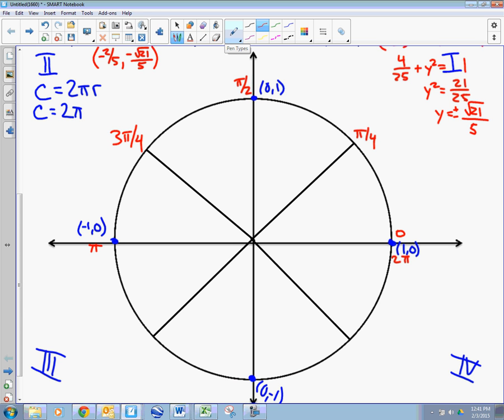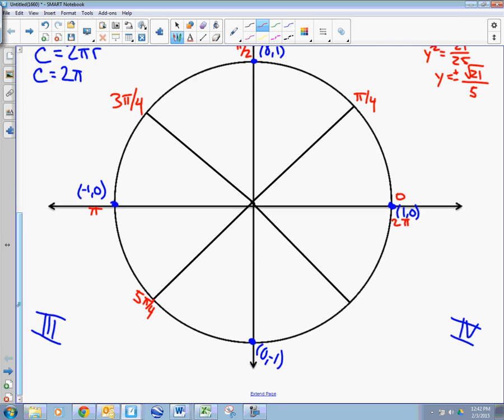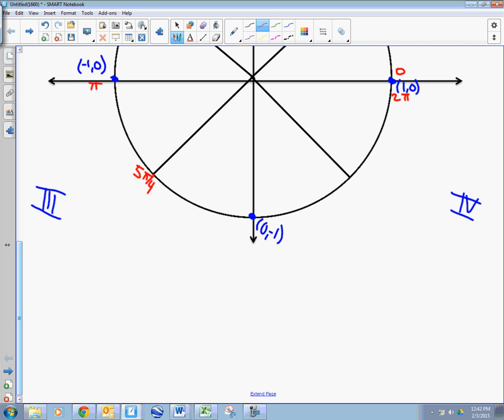After 3 pi over 4, I have, say the whole thing, 4 pi over 4, which is pi. Then I have 5 pi over 4. Then I have 6 pi over 4, which reduces to 3 pi over 2.